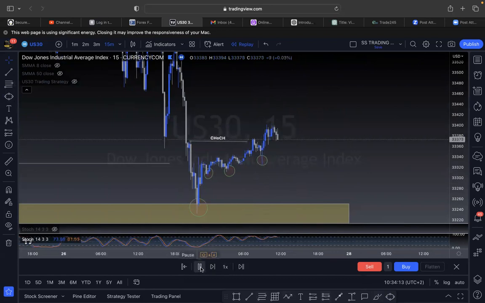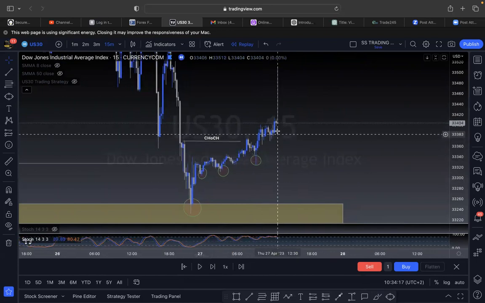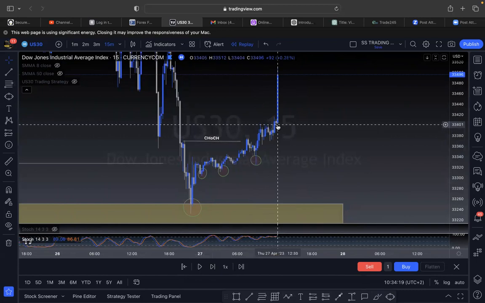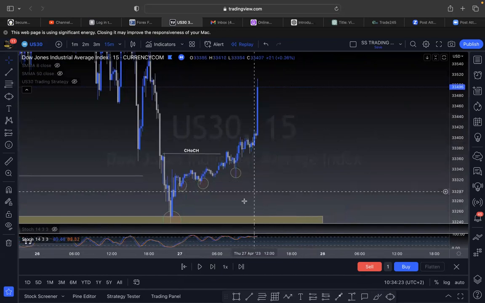All right, so we were looking at 2:30 my time, which was here. I think it was somewhere here.